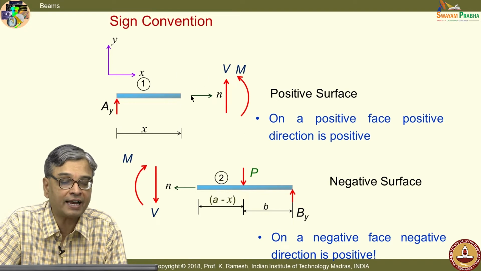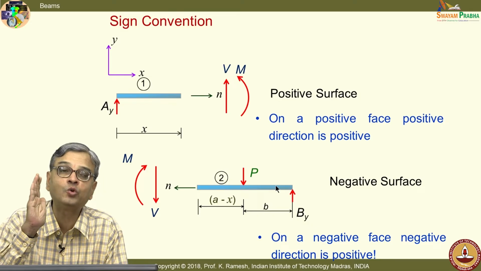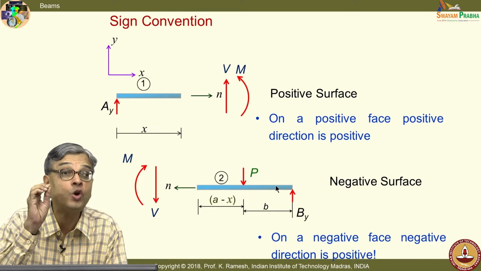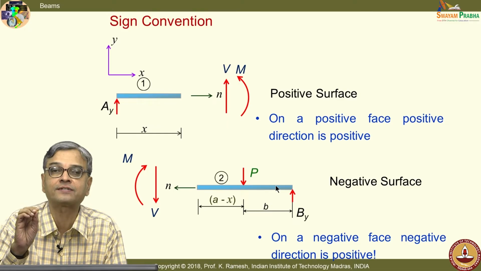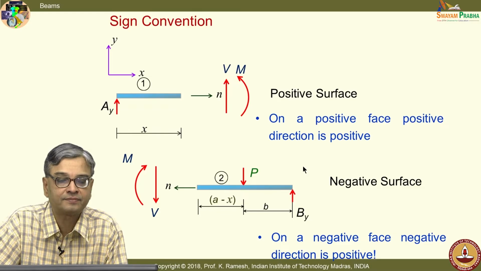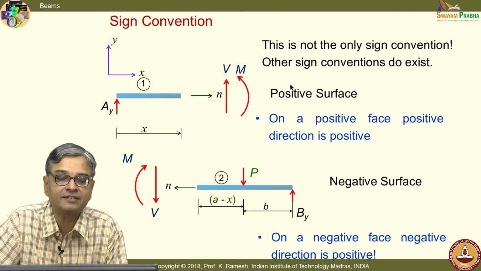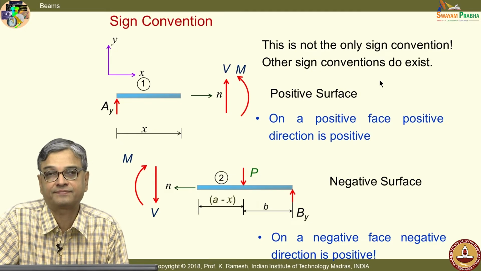No matter whether I analyze the left portion or the right portion, I should get one unique answer, including the sign of the shear force and bending moment. That is the focus. I have shown you one sign convention, and you should recognize that other sign conventions do exist.